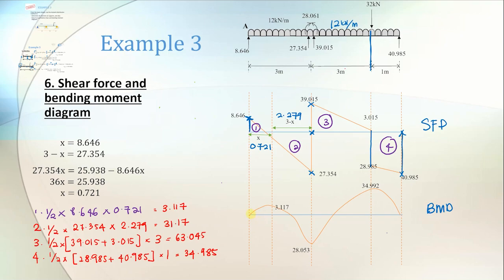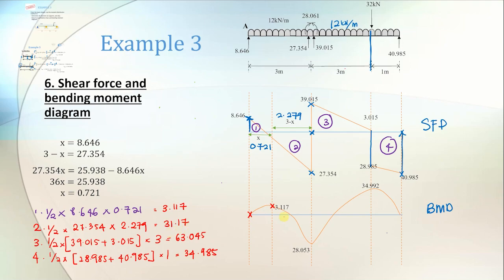We're going to start with 0. At the front you don't see any moment there, so it is still zero. Then you see the first area which is 3.117. The area is positive, which means the moment is positive. And then the second area, 31.117.